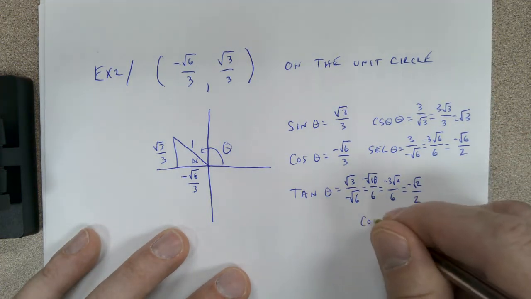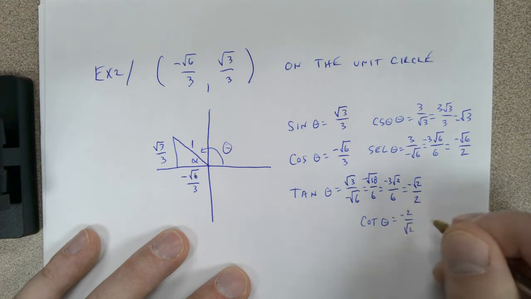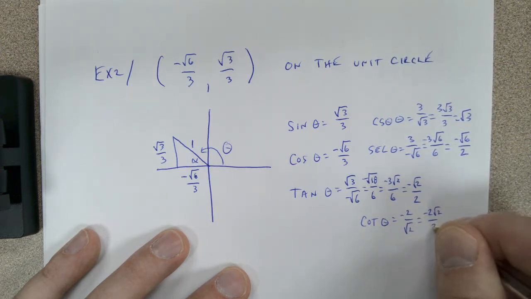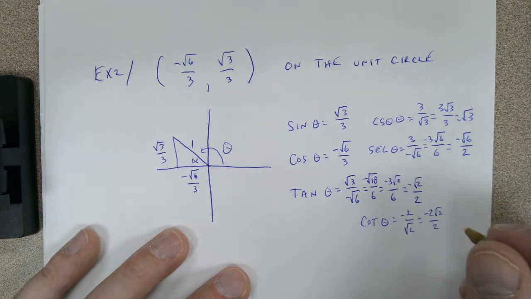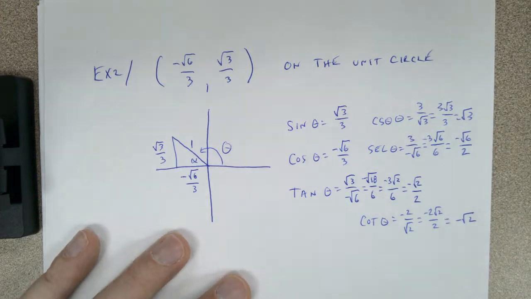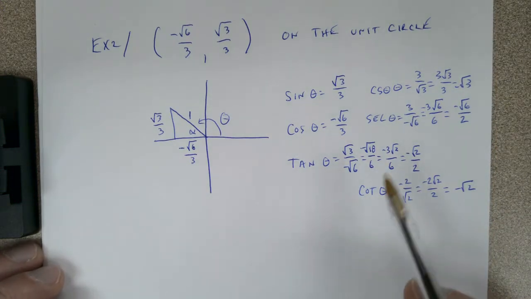And then our cotangent theta, if I simplify that, that's going to give me a negative 2 over radical 2, which becomes negative 2 radical 2 over 2, which is just simply negative radical 2. Okay, so we've got our 6 trig functions there for that one.